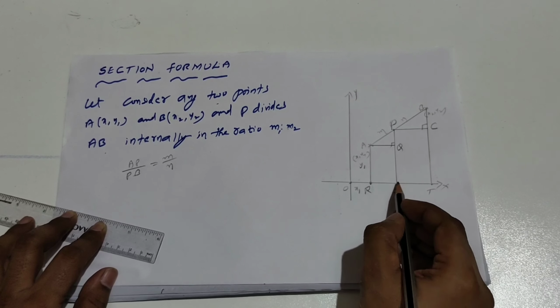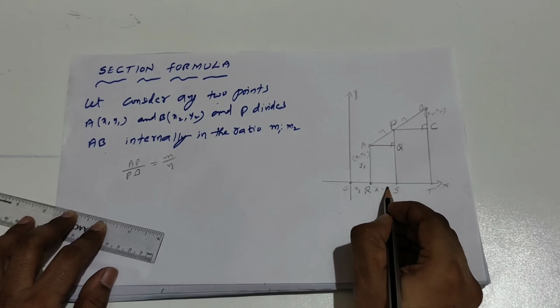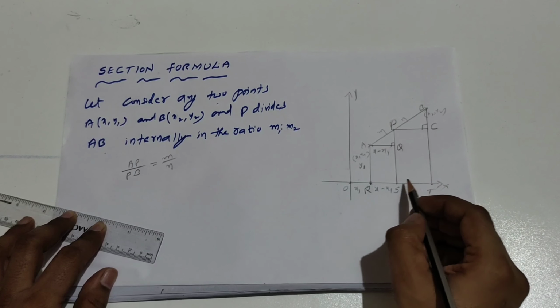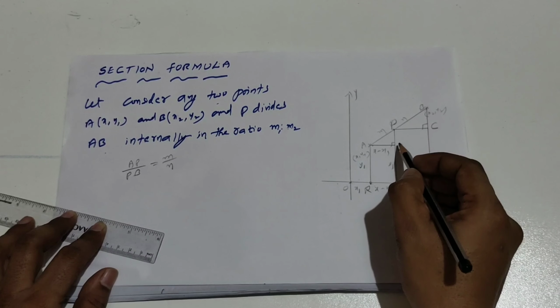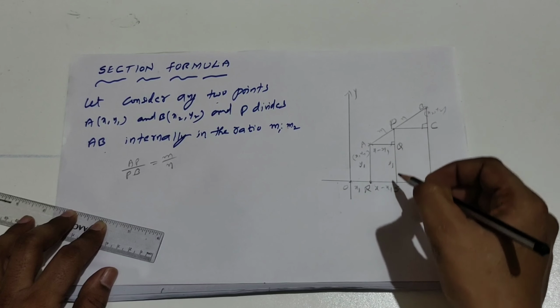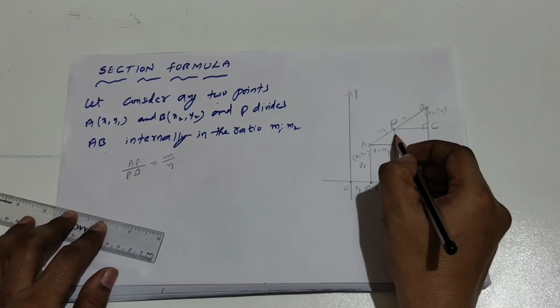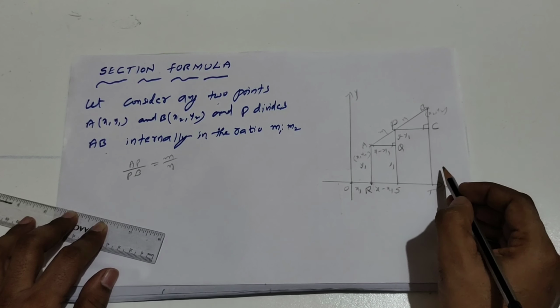Again OS is x, then RS is x minus x1, and this is also x minus x1. And SQ is also y1, and PS is y in total, then PQ is simply y minus y1.